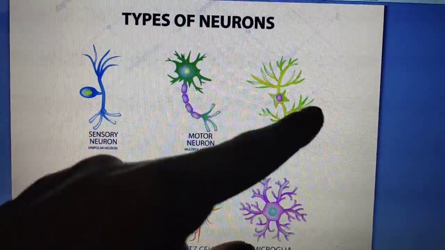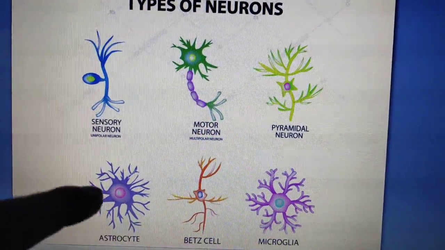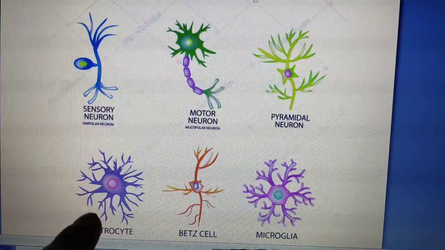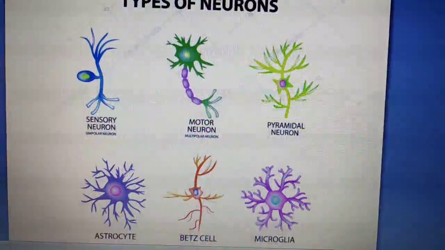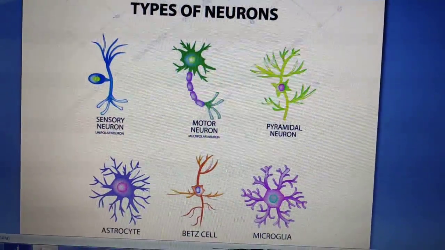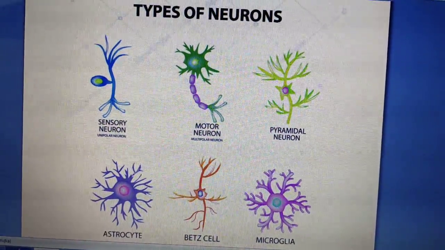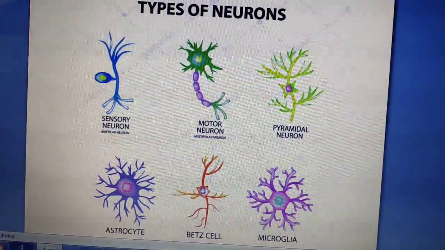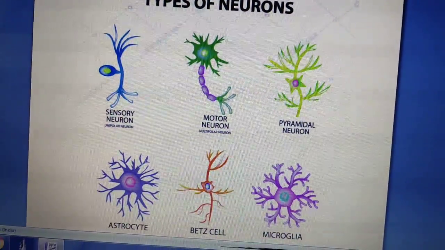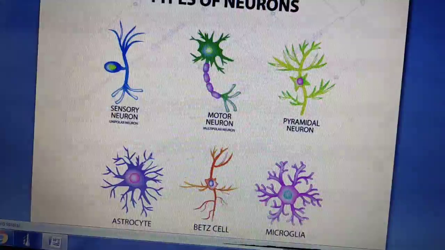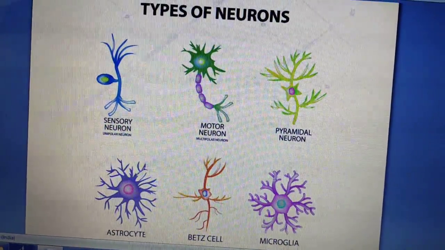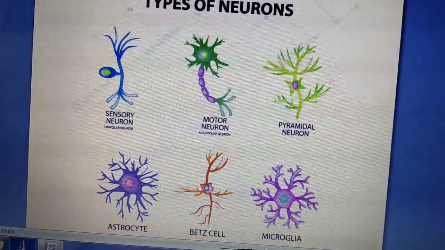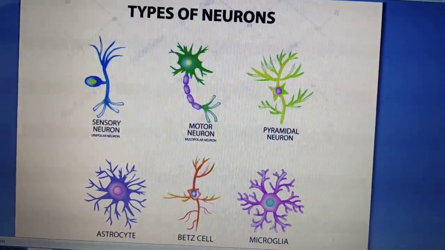Pyramidal neurons: the structure is kind of similar and different. Then astrocytes, beta cells, microglia and macroglia. If you have the question in the exam, to mention the types of neurons, then you simply say sensory neurons, motor neurons, pyramidal neurons, astrocytes, beta cells, microglia, macroglia, oligodendroglia, and we can say like that. Understood? Okay.